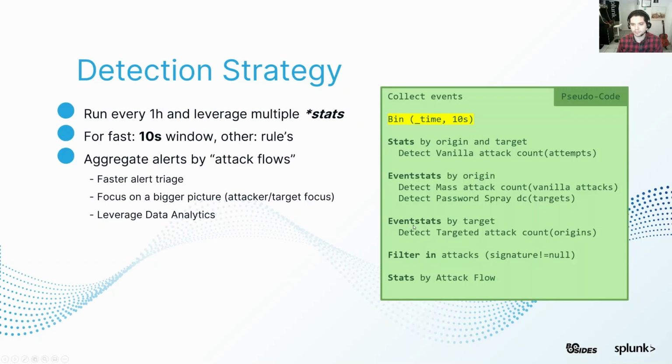Later, I use eventstats again, this time split by targets to detect the targeted attack, counting basically the number of origins that were seen. I later filter in attacks. After doing all those eventstats, I'm able to determine the signatures or the attack types. And in the end, I basically just aggregate all those attacks detected by attack flows.